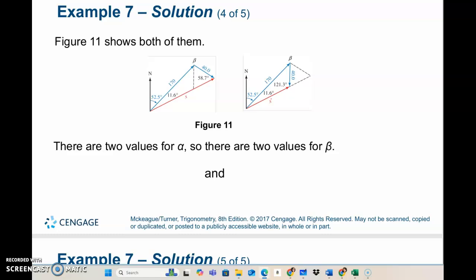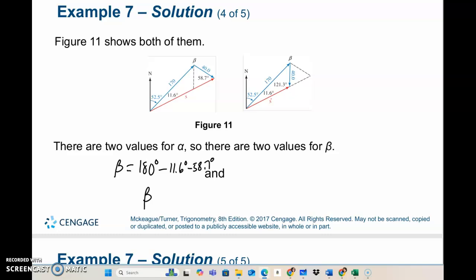So we see there are two different triangles that can be formed with the three vectors. And in this figure, we see both of them. We either have this triangle right here, or we have this triangle with this obtuse angle. So because there are two values for alpha, there would be two values for beta. For beta, you would take 180, because all three angles have to equal 180, and subtract the other two angles.